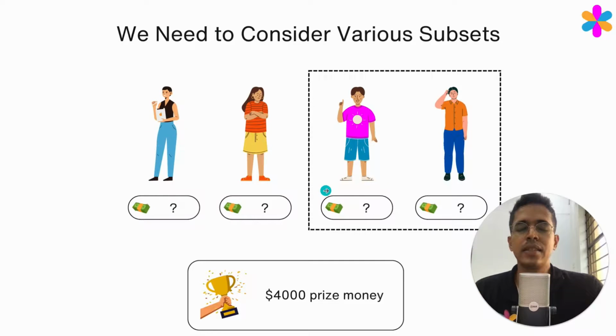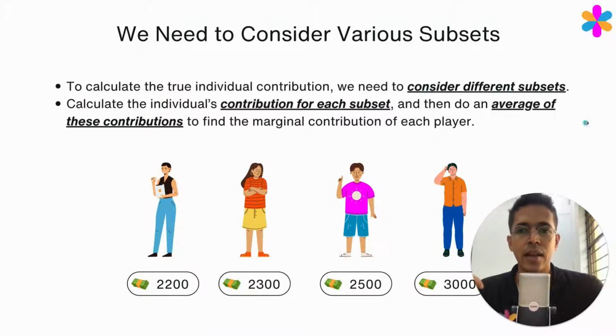So there are many such different subsets that we can imagine. So the actual contribution of this person would be a kind of weighted average of their contribution as part of each of these different subsets. So we have to do that extensive calculation. And that is the essence of the SHAP method.